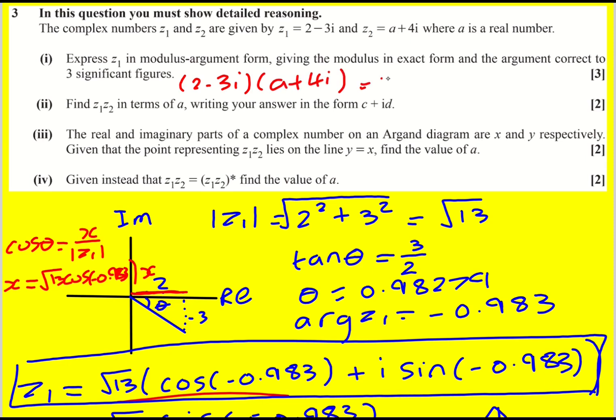I've got these double brackets, so I've got 2a plus 8i minus 3ai, and then I'm getting minus 12i squared, which becomes plus 12. So then that will become 2a plus 12, that's my real component, plus 8 minus 3a i.